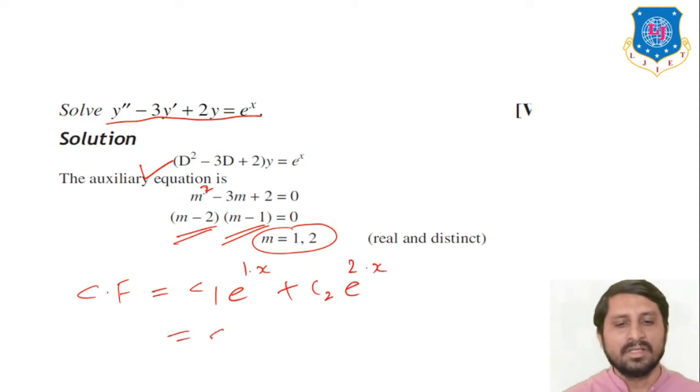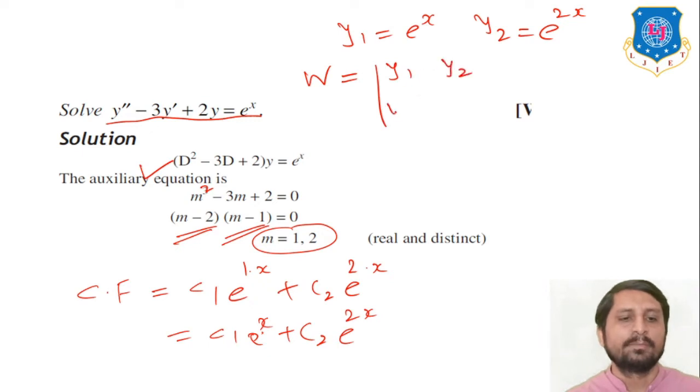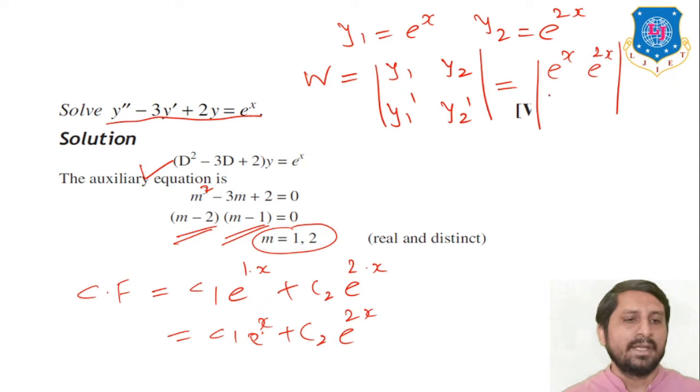So clearly y1 is e raised to x and y2 is e raised to 2x. Now the Wronskian determinant: the determinant of y1, y2, y1 dash and y2 dash, that is e raised to x, e raised to 2x, and the derivatives, e raised to x and 2 e raised to 2x.